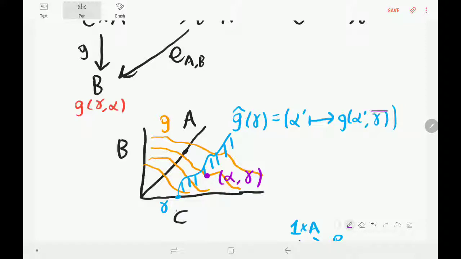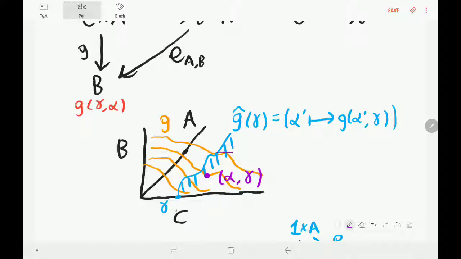So what we can think of this really is the slice of this surface going away from us, because we've picked a particular value of gamma, and then we've seen what kind of function from A to B we get by just slicing through this surface.